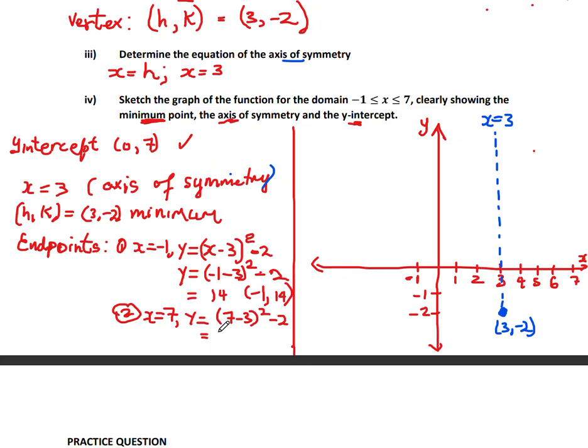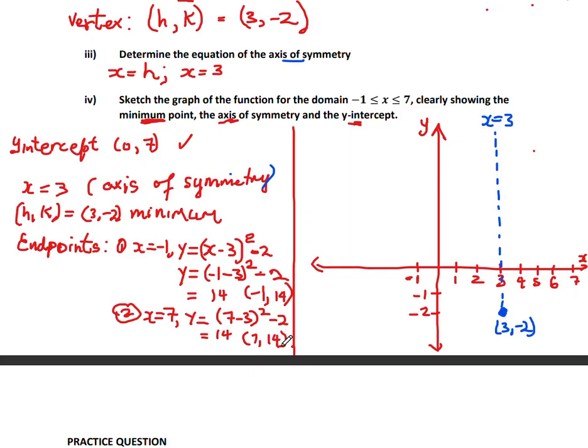And 16 minus 2 gives us 14. So we have the other endpoint coordinate, an x value of 7 and the corresponding y value of 14.